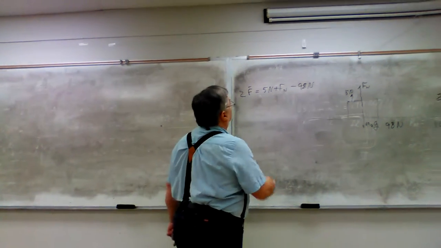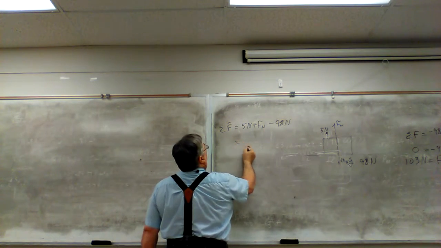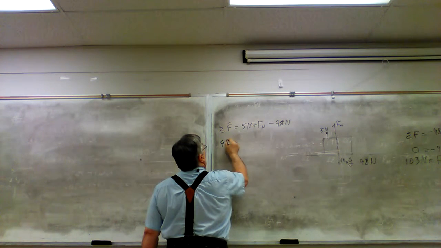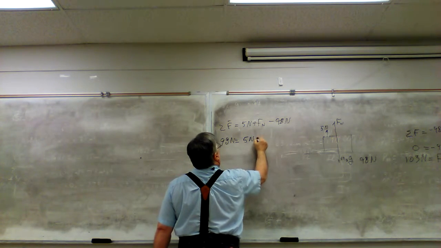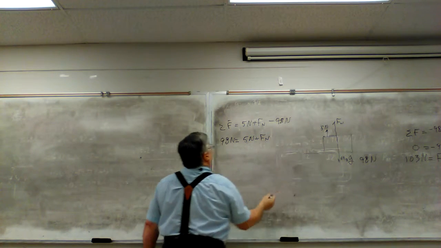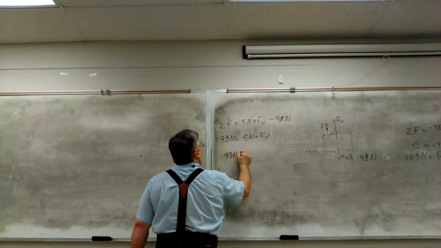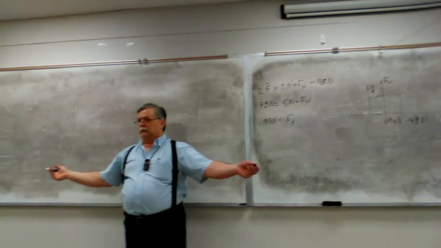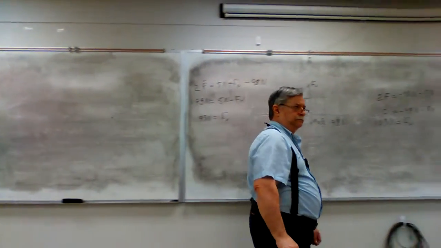Well, in this case, what is the normal force? 98 newtons equals 5 newtons plus normal force. So the normal force now is 93 newtons. Box does not move. The acceleration is still 0.